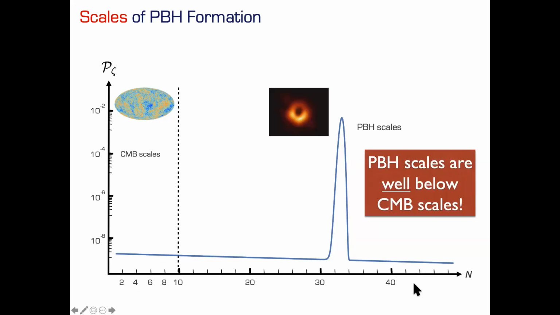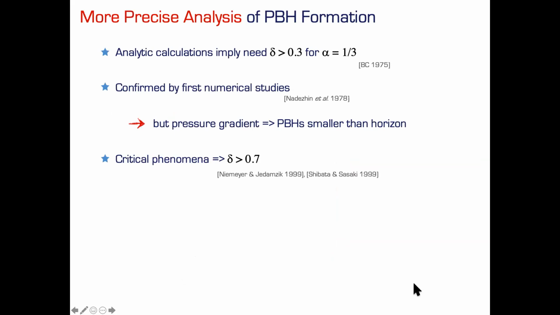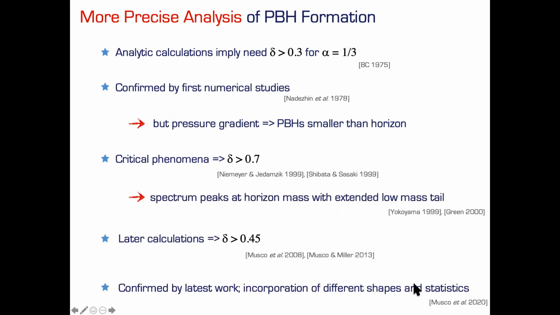Okay. So then I told you that there is a sequence of numerical works by which this threshold density contrast has been derived over time by numerical simulation, but later simulations seem to converge to a value of 0.45. So remember, roughly a half of the density contrast, which you need for spherical perturbations in radiation domination.